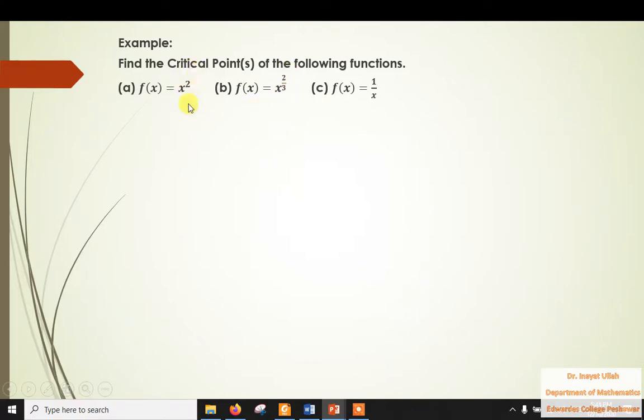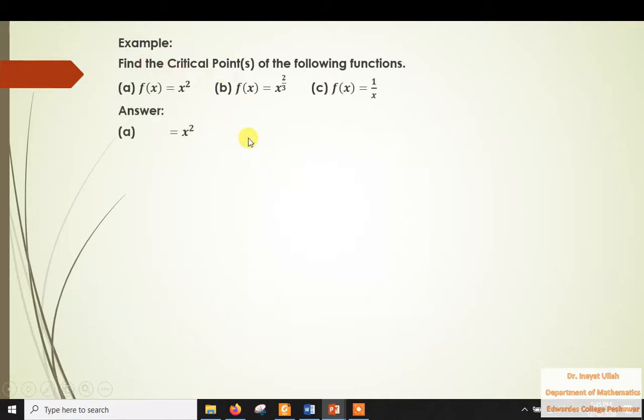We see here that that function is a polynomial, and we see here that the power of x is less than 1, and the function f of x here is a rational function. So for all these three functions we need to find the critical points.